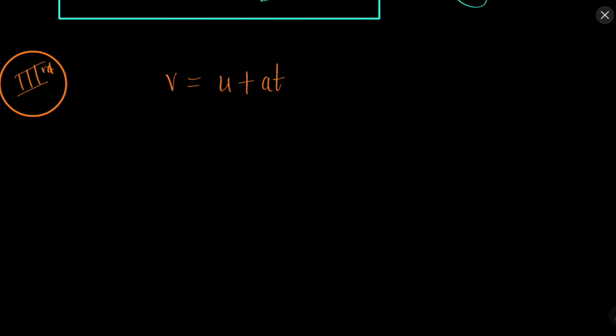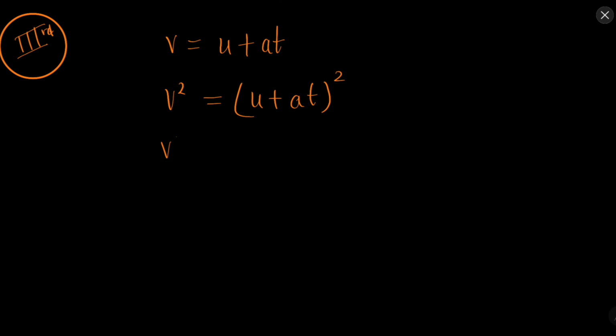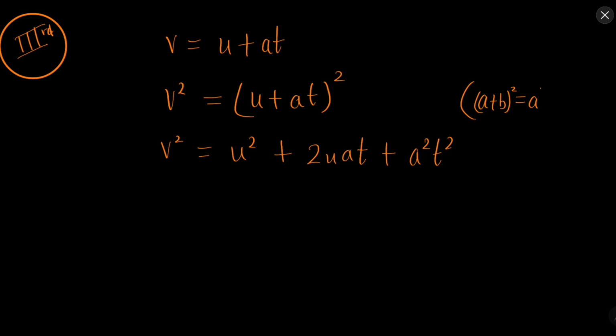Now I'll square both the sides. So I will get something like this. I have used the formula a plus b whole square equal to a square plus 2ab plus b square.